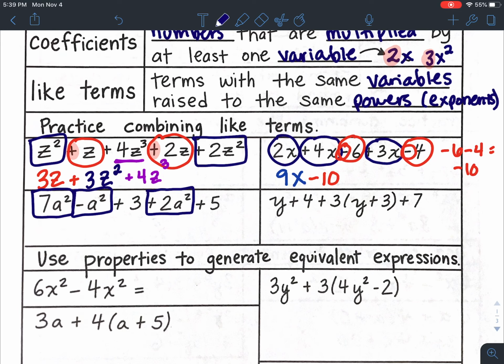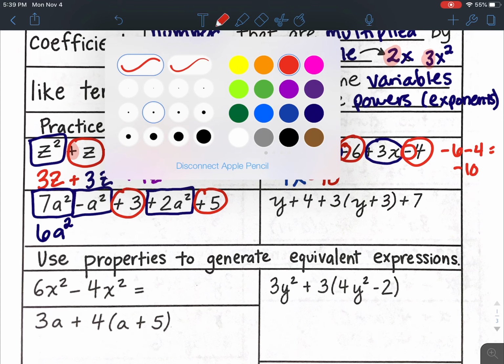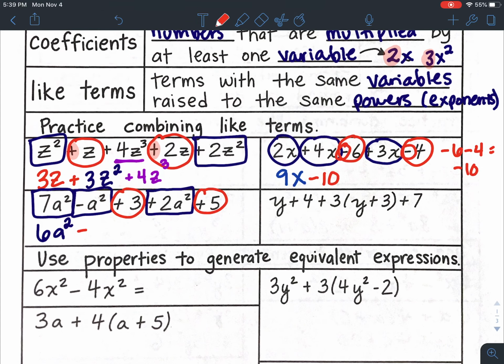Well, 7a squared minus 1a squared gives me 6a squared. Now I only see constants. So again, these are just my plain numbers, and I'm going to combine those together. So I have 3 positives and 5 positives. And again, we just covered integers, so we should know that that gives me 8 positives.